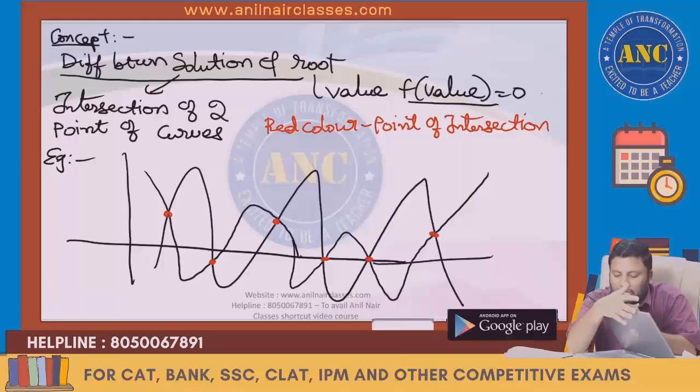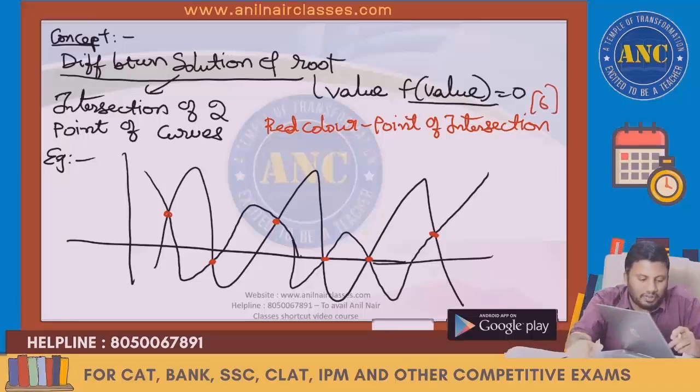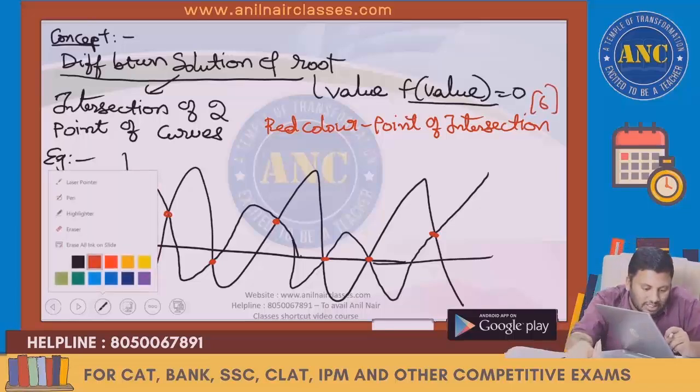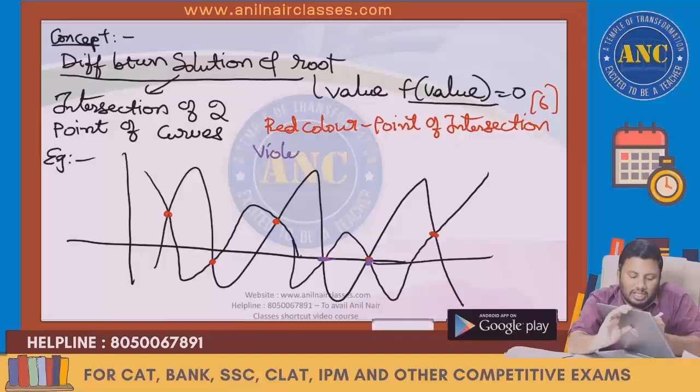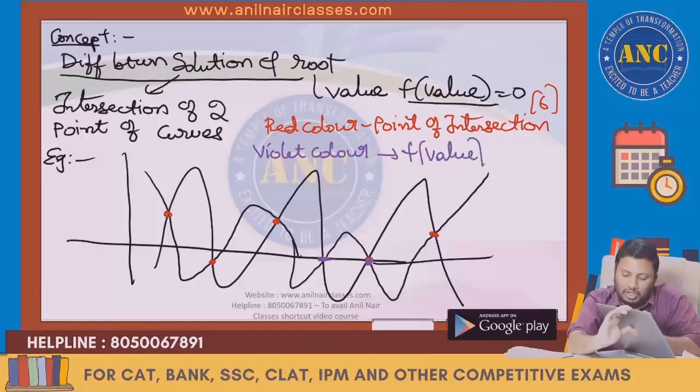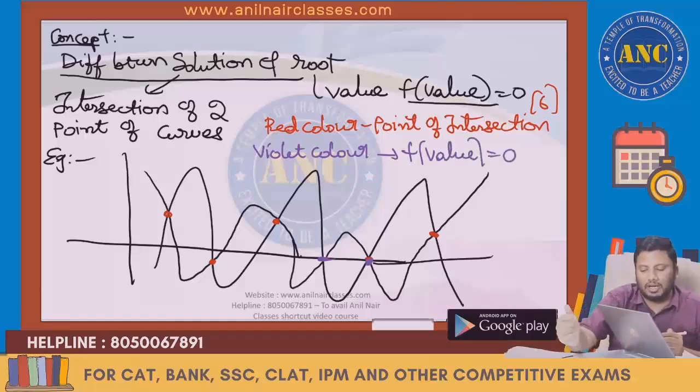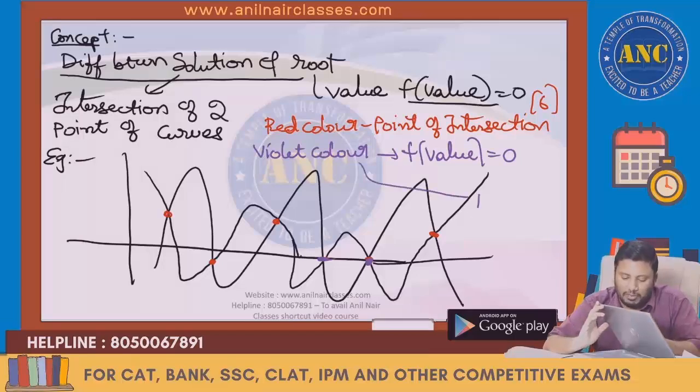Total 6 points of intersection we got. Then what is a root? Root is nothing but where y equivalent to 0. Anything that I specified in violet color, which is making f of value equivalent to 0, that is nothing but the root.